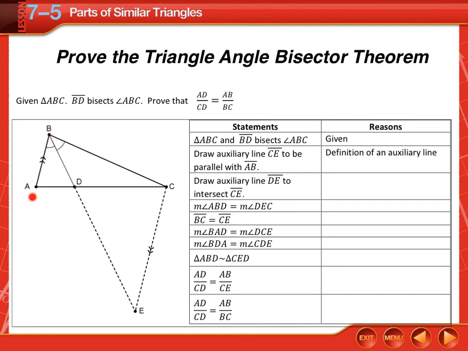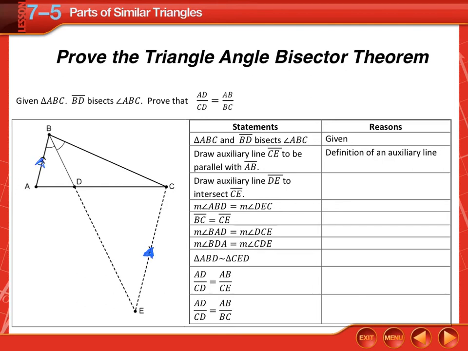Here on this page I have triangle ABC drawn. You can see that we have an angle bisector here, BD, and we're going to draw some auxiliary lines. We're going to purposefully draw an auxiliary line CE that is parallel to AB.